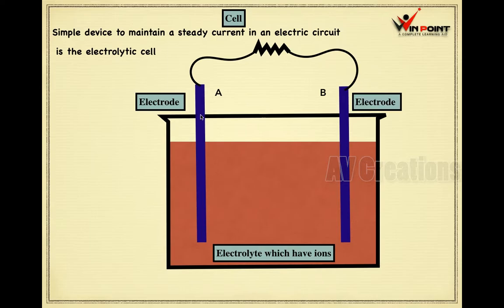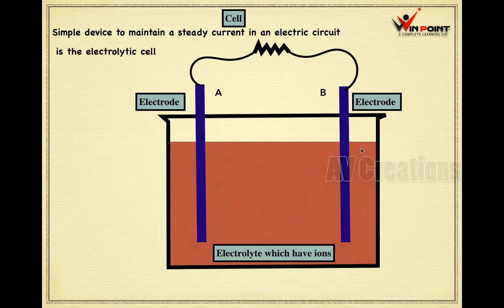Between the electrode and electrolyte, there is a potential difference. It is known as electrode potential. So electrode potential is the potential difference between electrode and electrolyte. Here electrode A and the electrolyte have a potential difference, and electrode B and the electrolyte have a potential difference.